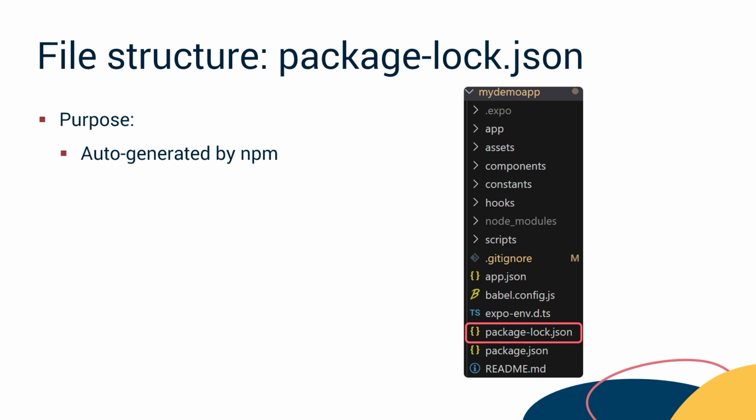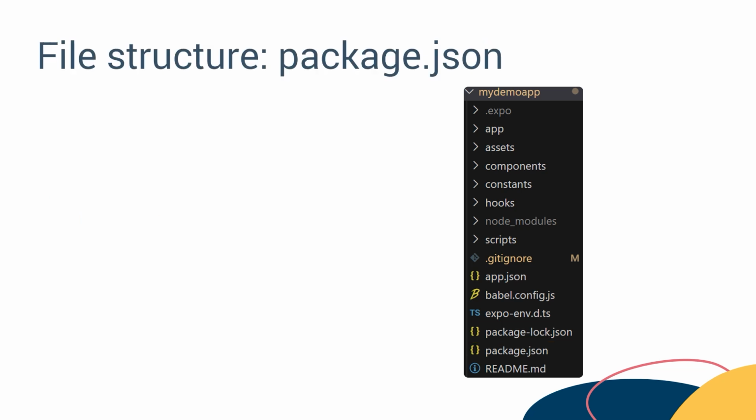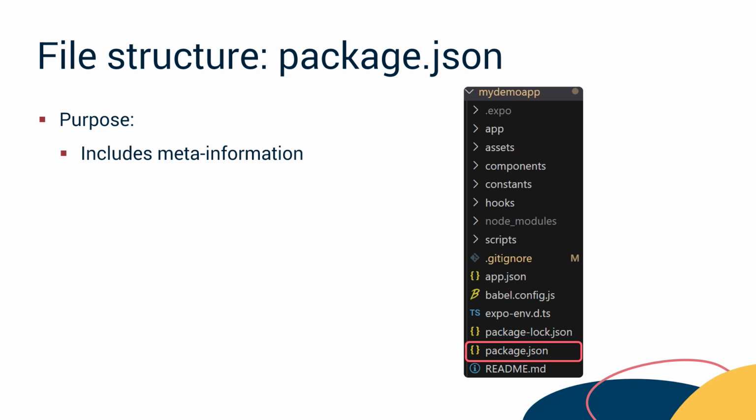It focuses on specifying the version numbers of the dependencies to be used when installed in multiple environments. It's beneficial for keeping the exact versions of dependencies so that your app works the same in any environment. Next, the package.json file includes meta information on the project, such as the dependencies, the scripts, and other configurations. Here, you specify the projects your project depends on, define scripts, and set project properties.